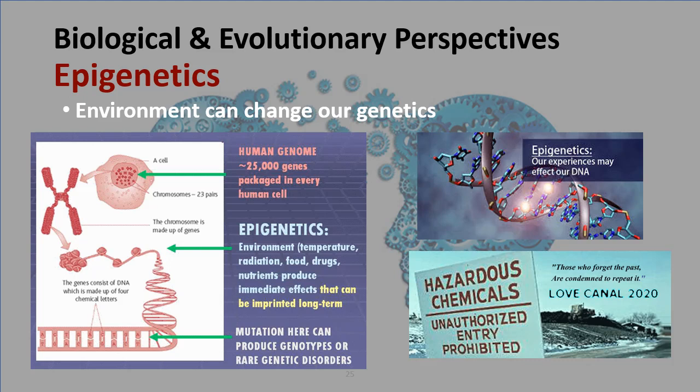So the hazardous materials caused the genes in the primary generation to change and become cancerous. That was handed down to the next two generations. They still have a higher rate of cancer than ordinary people.